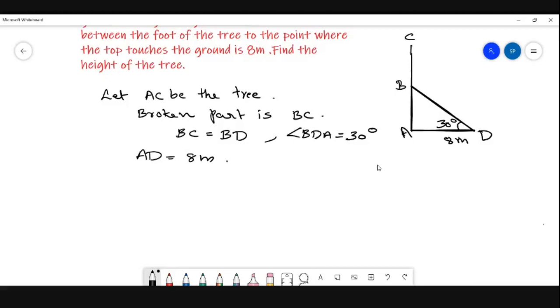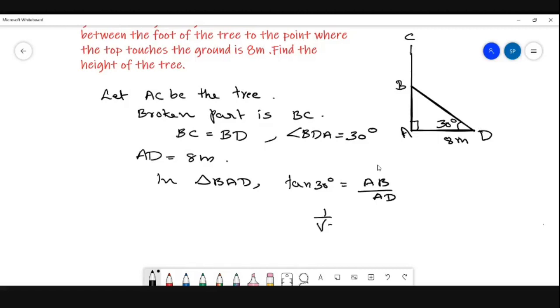Now consider the triangle. In triangle BAD, the tree is vertical, so it is 90 degree. First we consider tan 30. Tan 30 is AB divided by AD.